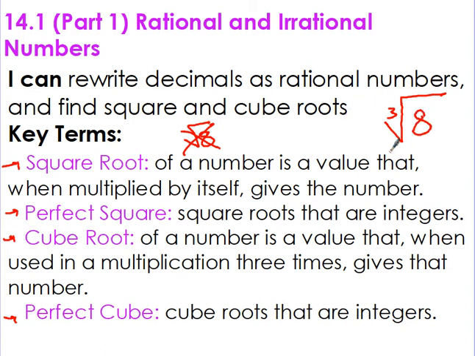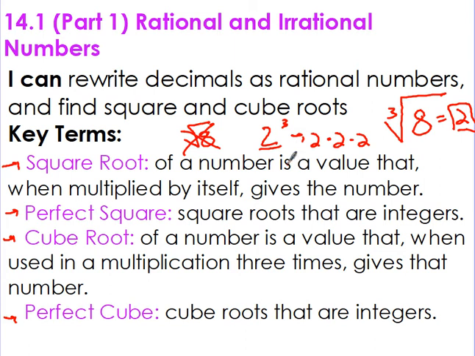So if I were to look for the cube root of 8, I'm looking for what number to the third power is equal to 8. So what number times itself 3 times? Well, 2 times itself 3 times is 8, because 2 times 2 times 2 does equal 8. So therefore the cube root of 8 is just 2.